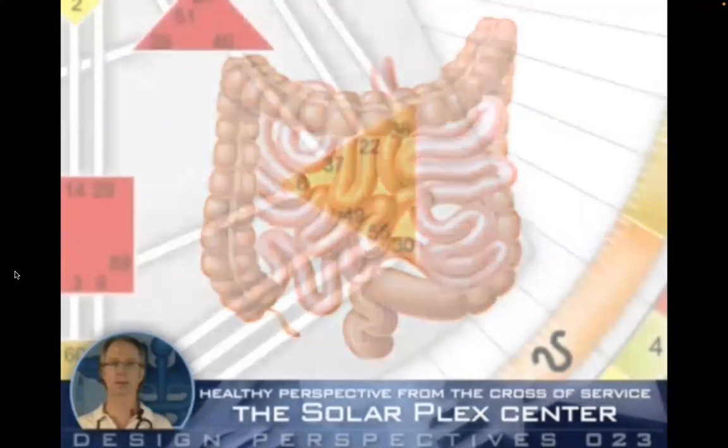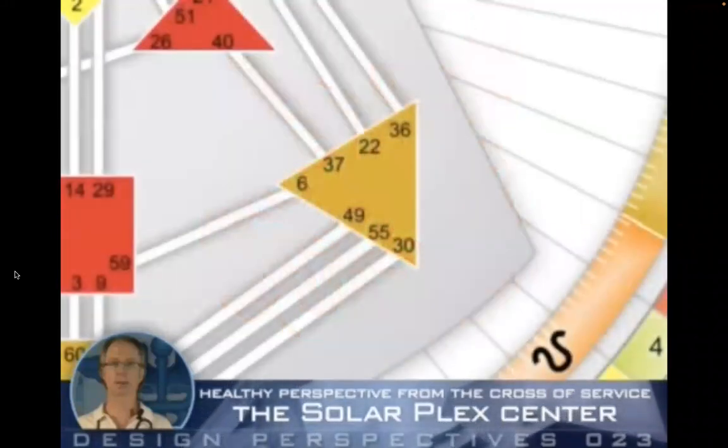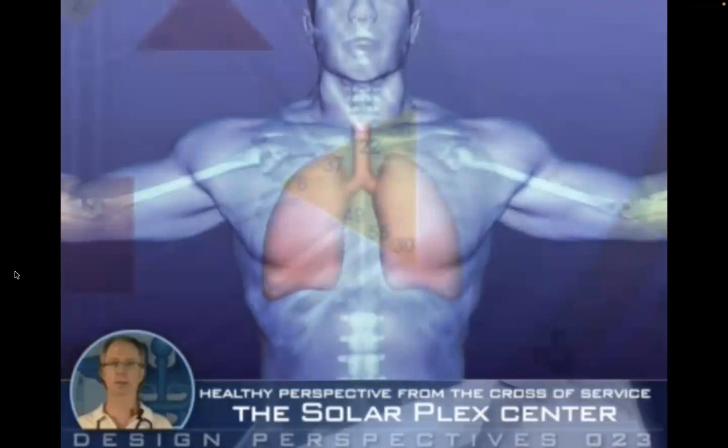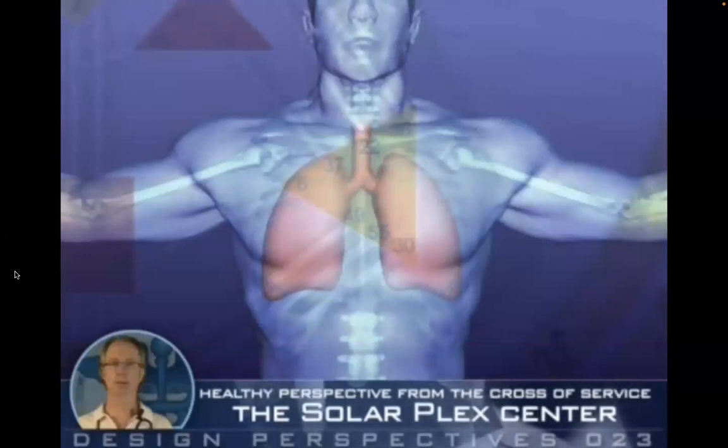And digestion doesn't only mean how we deal with the sustenance we take into our mouth. It's also how we deal, for example, with the oxygen, how we take it in, how it comes into our lungs, how it comes from the lungs into the blood cells, from the blood cells into the organs, the tissues, every place within the body.